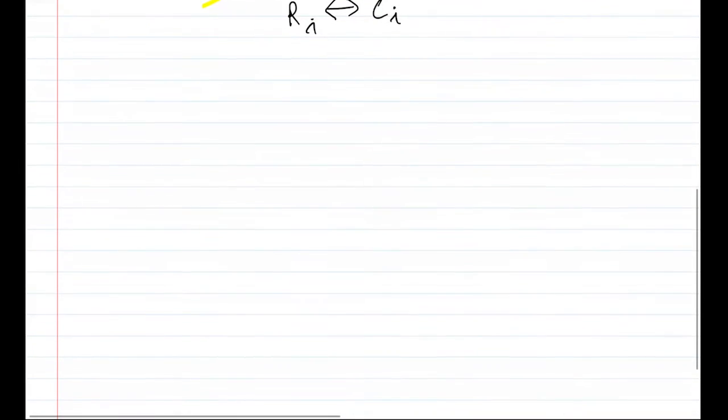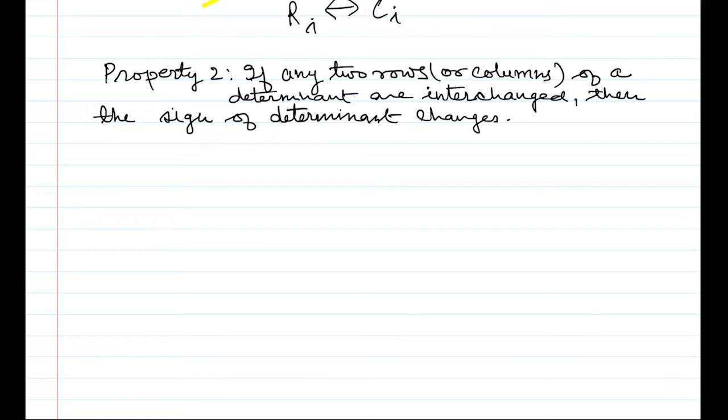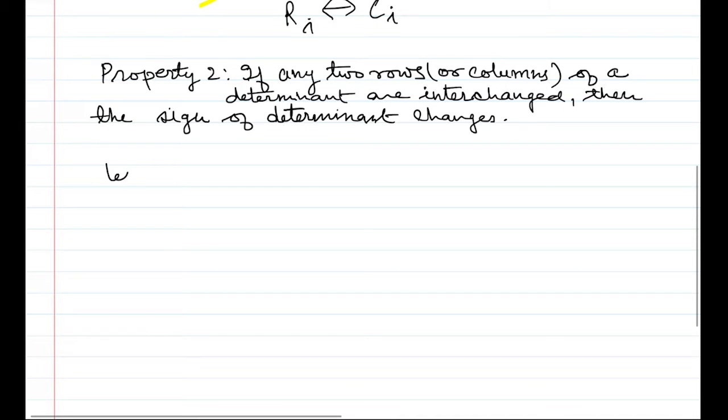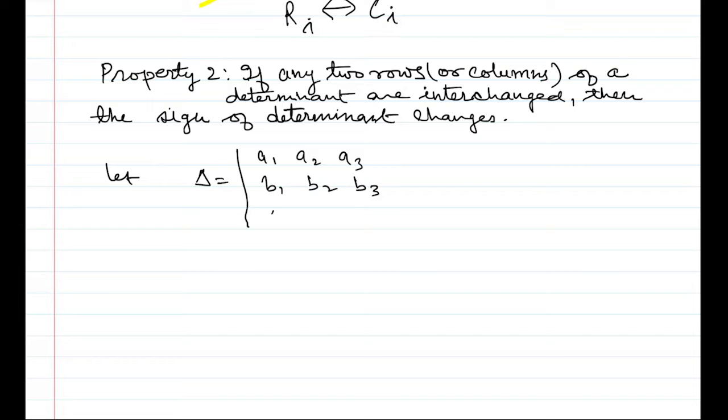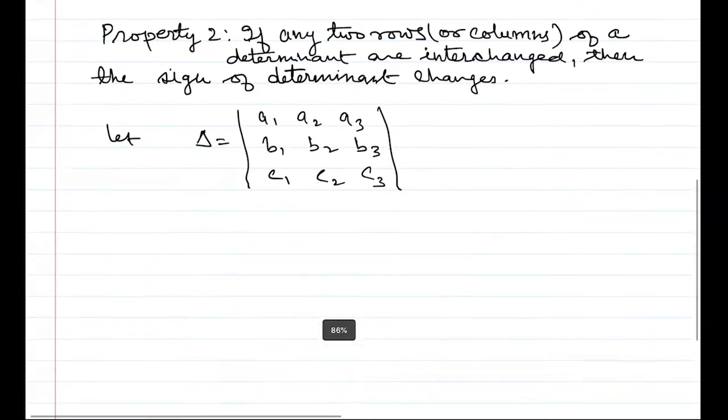Now property number 2. If any two rows or columns of a determinant are interchanged, then the sign of the determinant changes. Let us verify it. Let delta be a determinant A1, A2, A3, B1, B2, B3, C1, C2, C3.